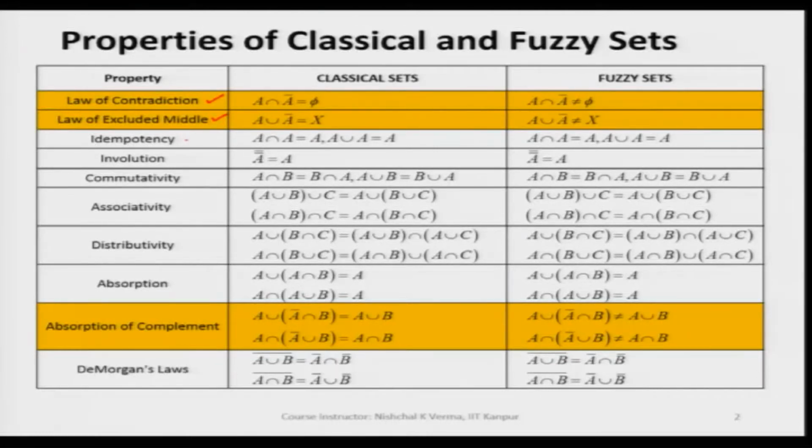Idempotency property is discussed, involution is also discussed. So, we see that we have covered so far 4 properties as mentioned here with respect to fuzzy sets. Now, remaining properties will be discussed, we will try to cover in this lecture.